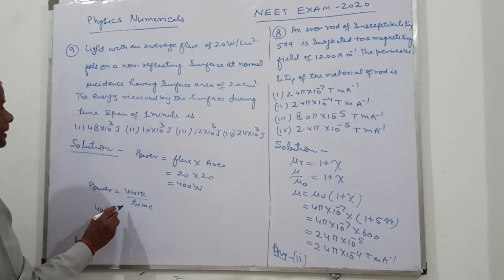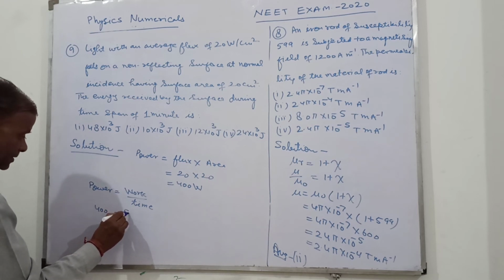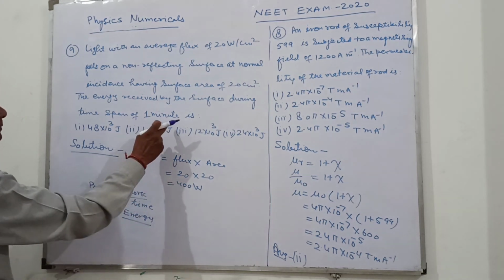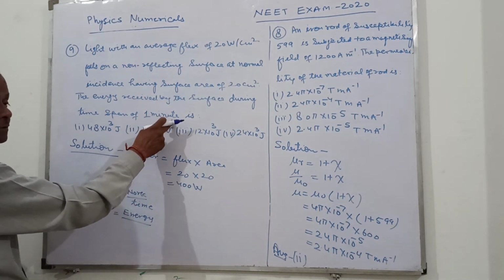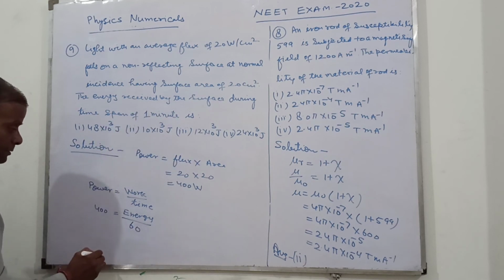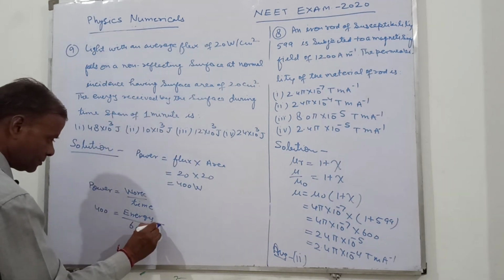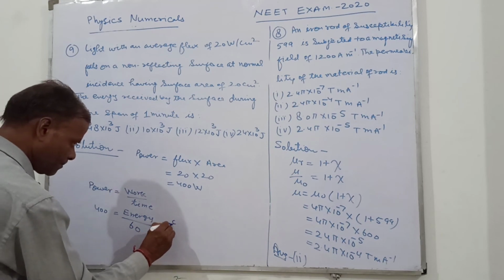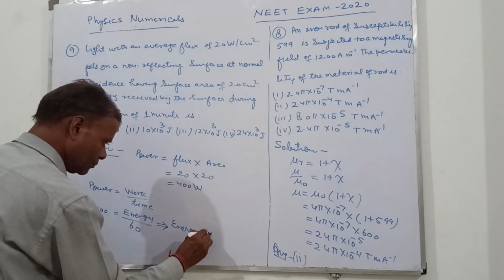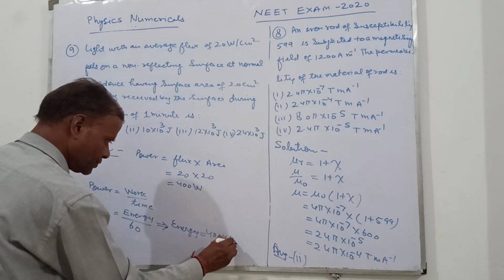Work you have to find out. Work is the energy. Time is given to you, 1 minute. You convert this into seconds, so this is now 60 seconds. So energy will be how much? Energy equal to 400 into 60.